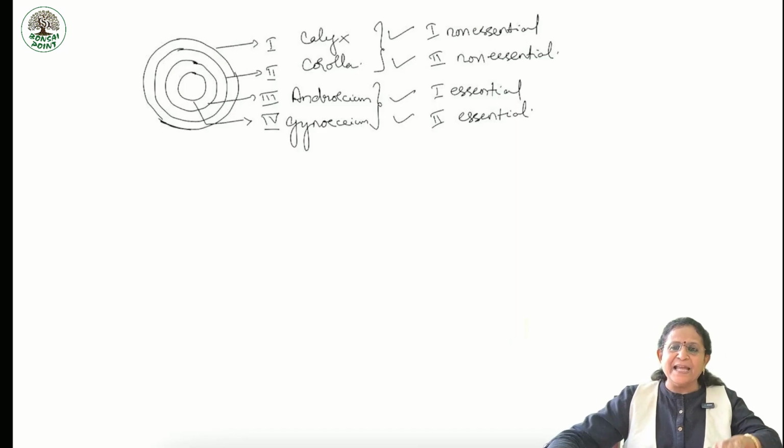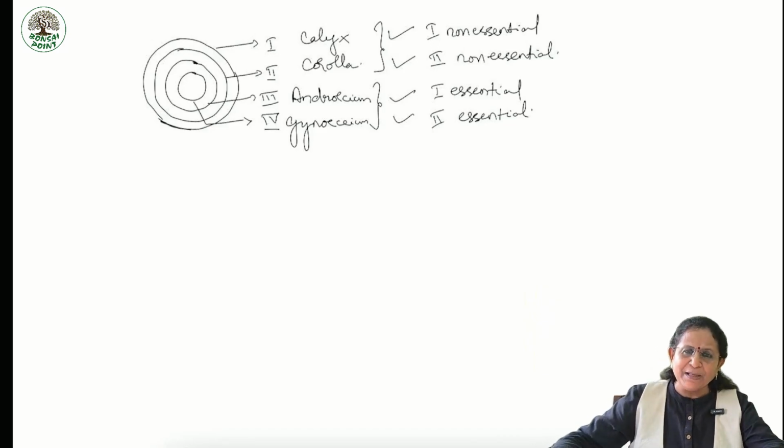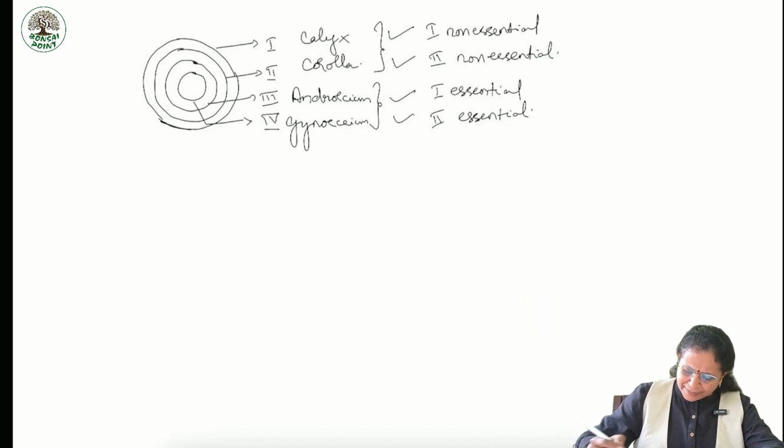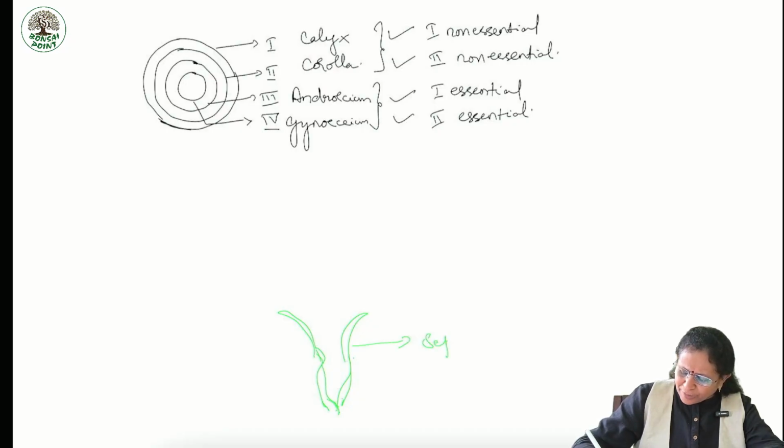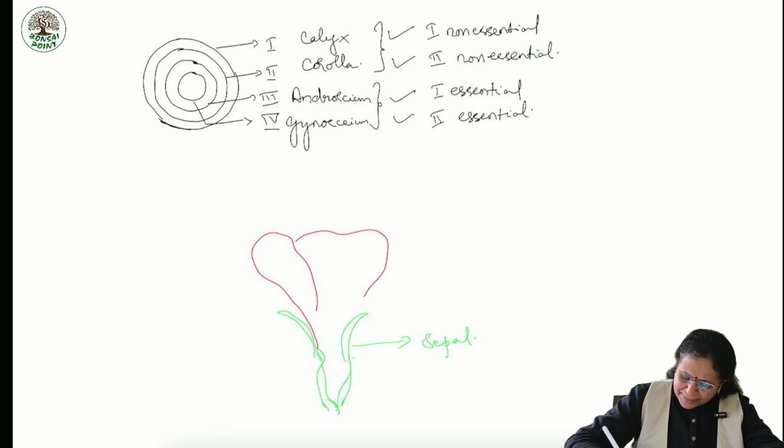Suppose I take the LS of a flower, how does it appear? Let us see. See, the calyx appears like this. This is the individual unit of calyx, which is called sepal. These are the petals.